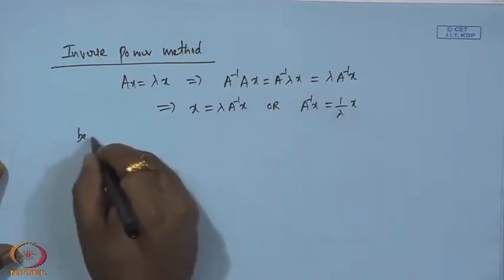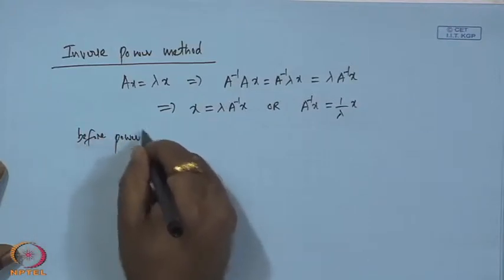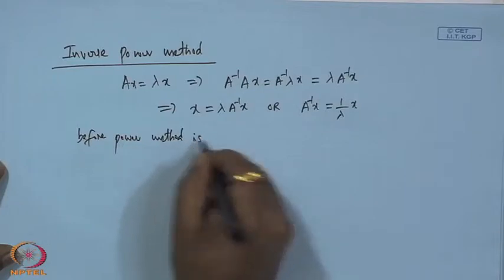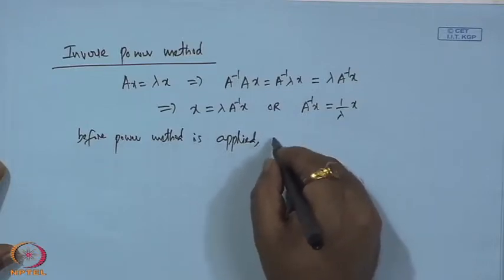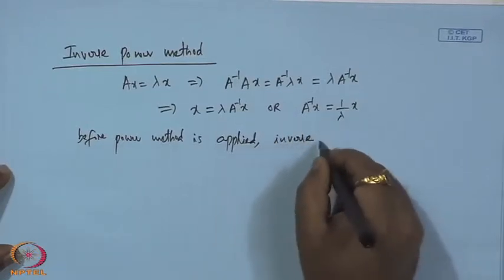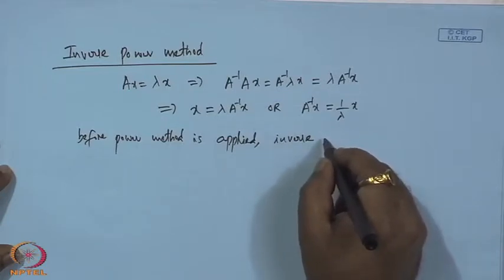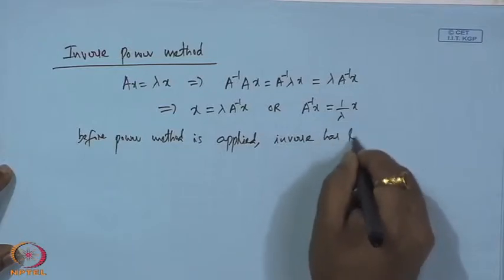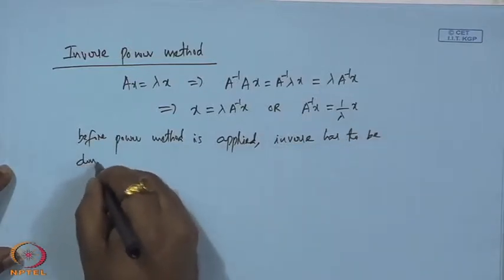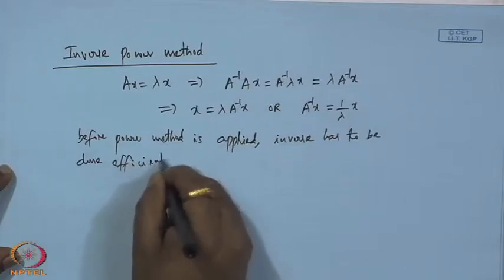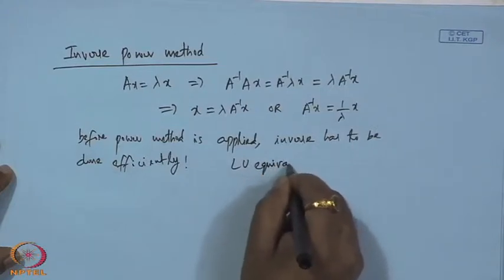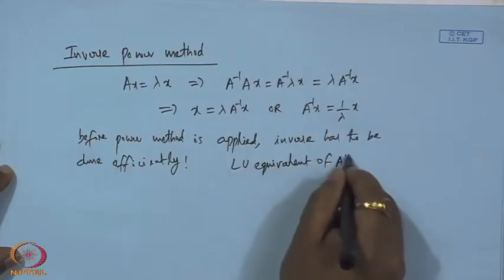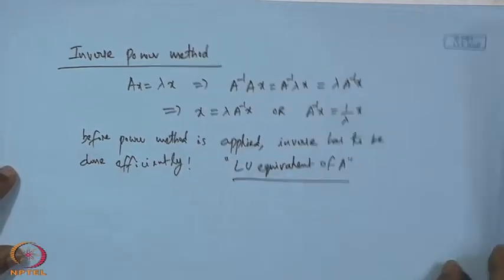So, before the power method is applied, the inverse has to be done efficiently, for example, maybe using the LU equivalent of A. So, this is one suggestion.